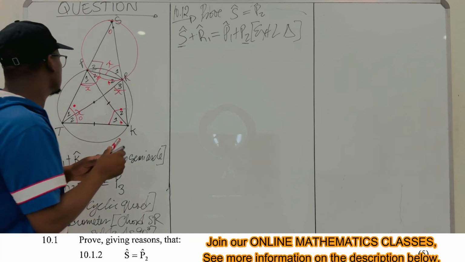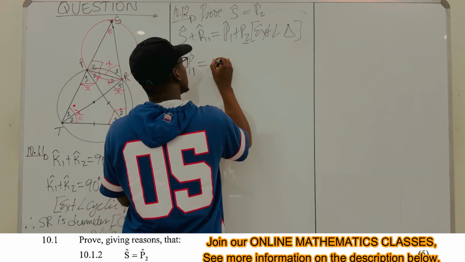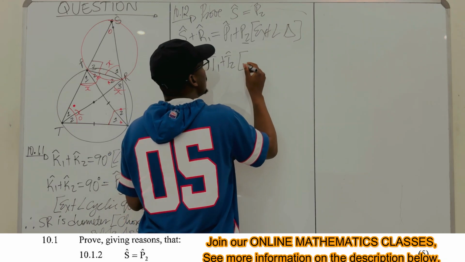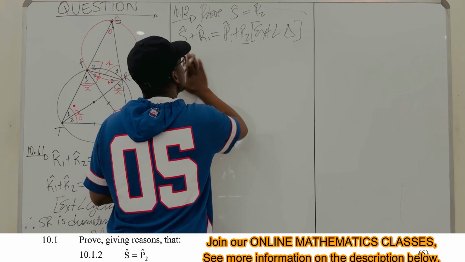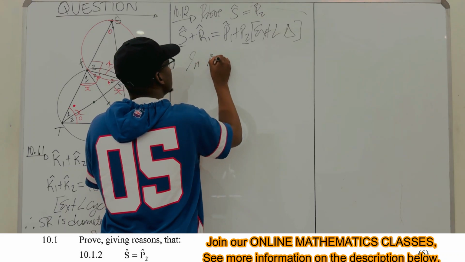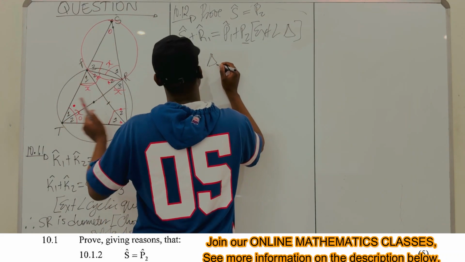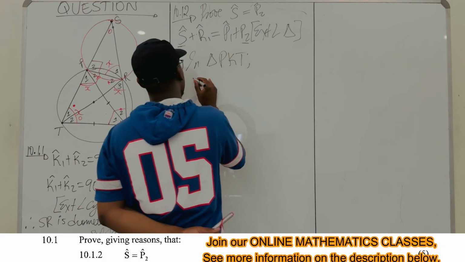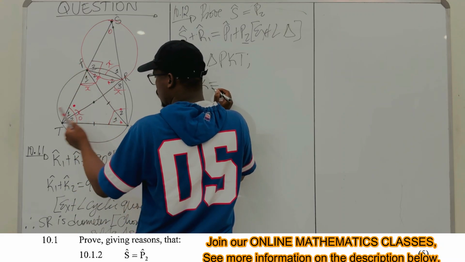So in this case, we're going to say our P1 is equal to T1 plus T2. Let me start by saying, in triangle PKT, our PK is equal to TK.